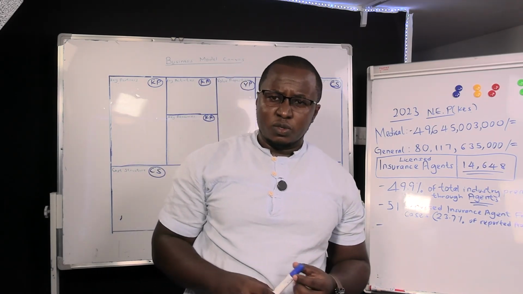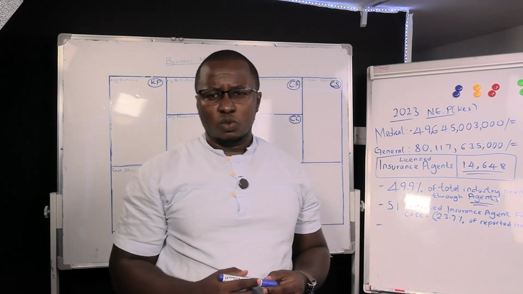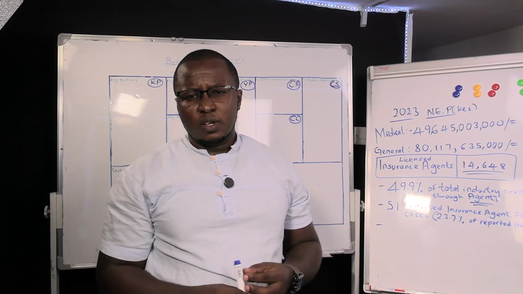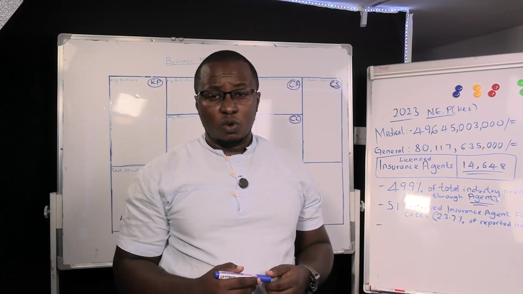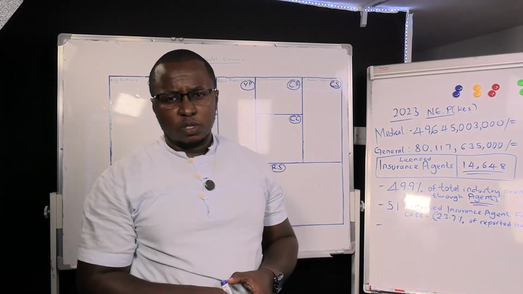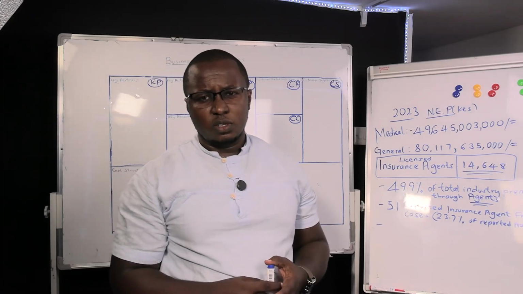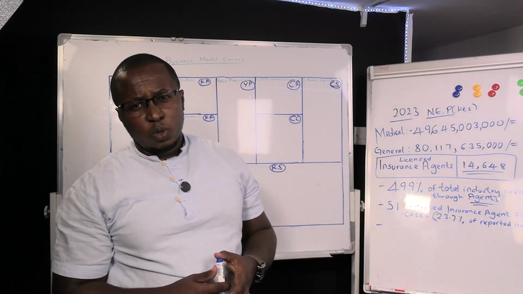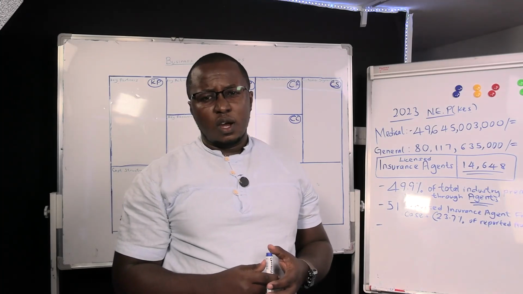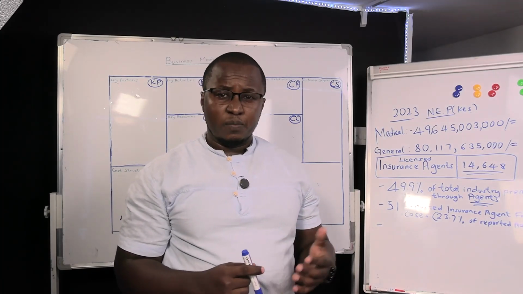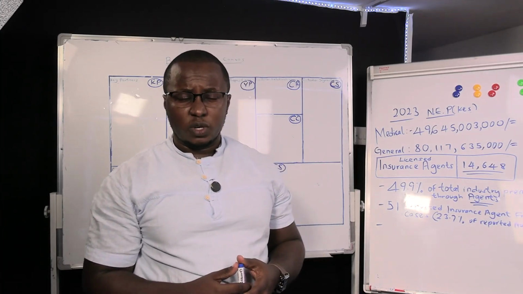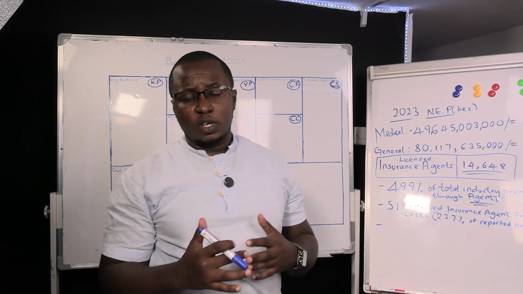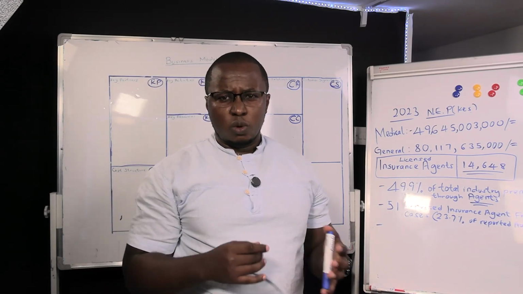Now, with this information at hand, it's key for us to note the current or historical performance of the insurance industry within the Kenyan market. So first of all, we look at the net earned premiums by these insurance companies, and we'll focus on the key lines related to a particular business.